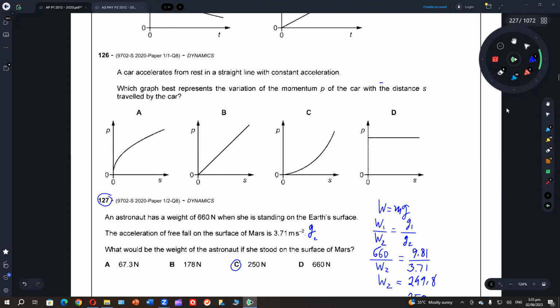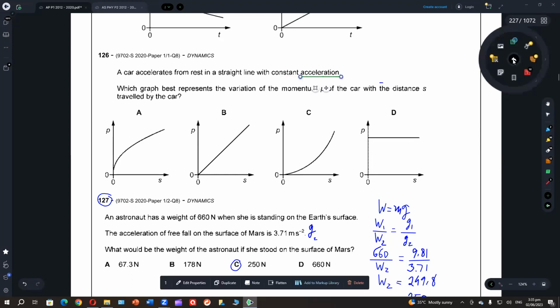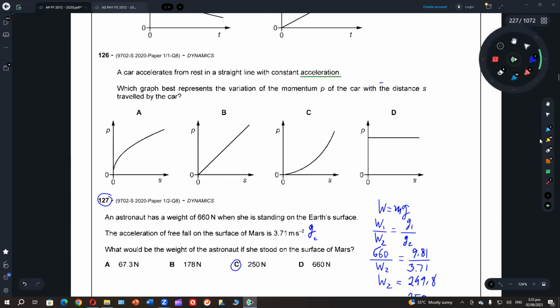Acceleration means velocity is increasing. So let's make a logic here. It will increase at a constant rate, the velocity.